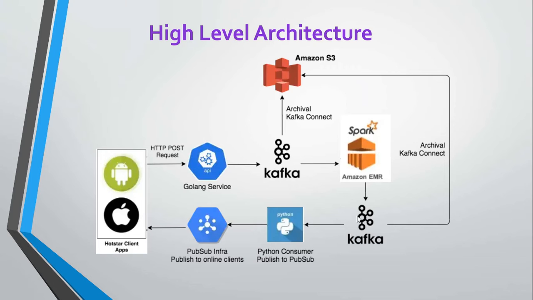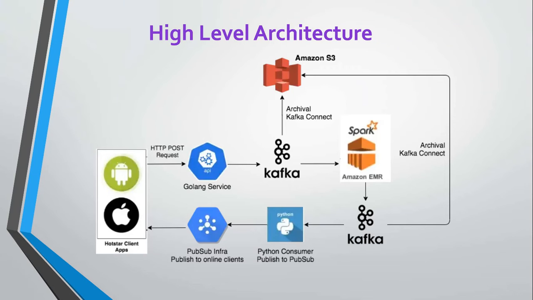But the important place where Kafka is used is when the data is delivered back to the customers and client apps. With a simple Kafka consumer and Python combination, they are building a PubSub, and with that PubSub, they are able to push the message back. So this is the overall high-level architecture.